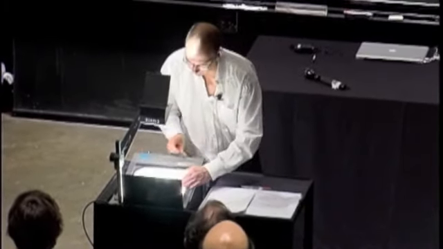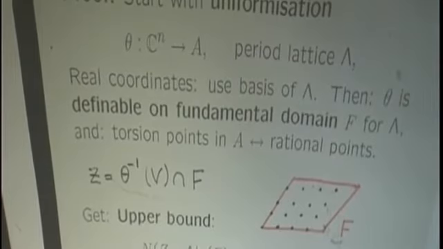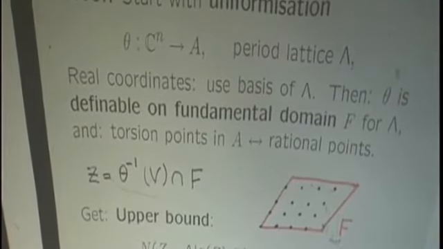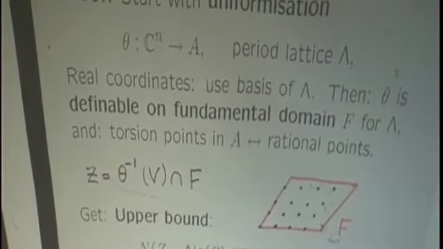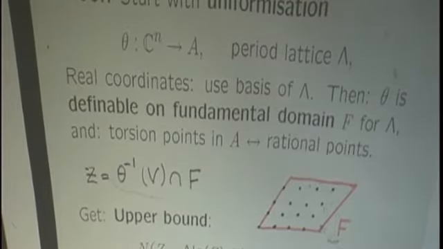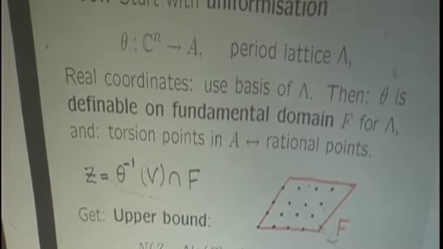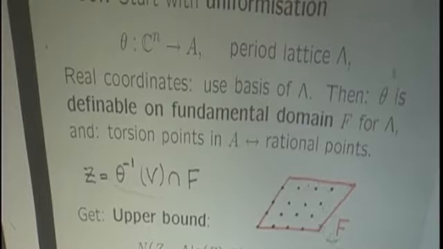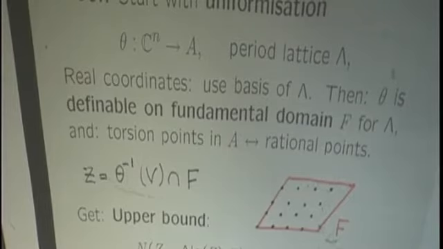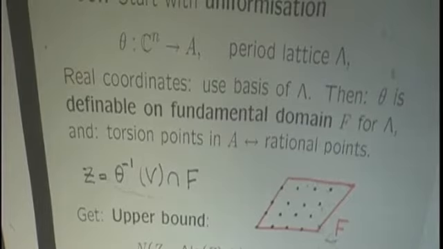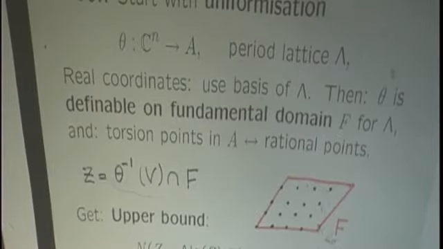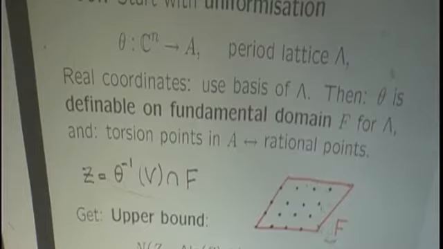So here's a sketch of the proof, which looks exactly the same. We start with the uniformization of the abelian variety by C^n, given by some theta functions. The map will be periodic modulo the lattice. Then we put real coordinates on C^g, or C^n, using a basis of the lattice.